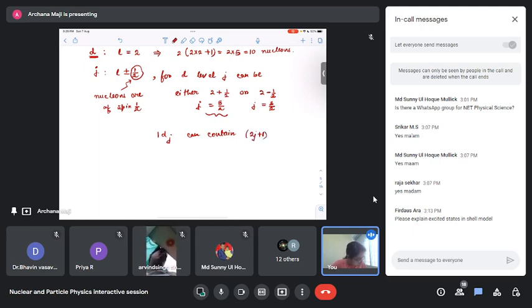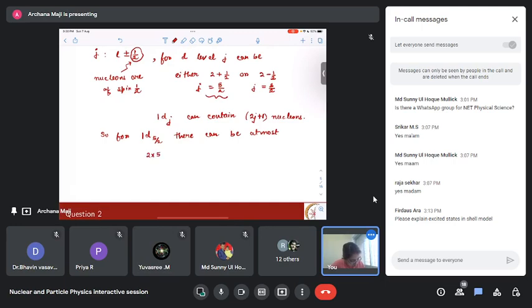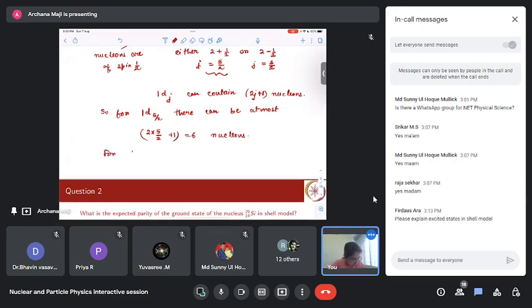So for 1D 5 by 2, there can be at most 2 times 5 by 2 plus 1, that is 6 nucleons. Okay. Likewise for 1D 3 by 2, there can be 4 nucleons.